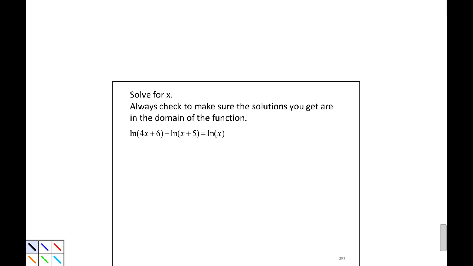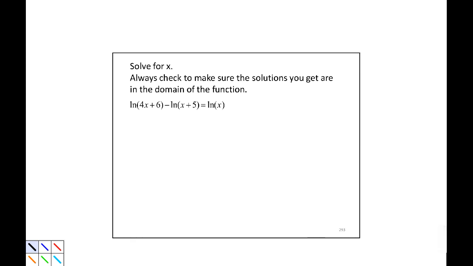Our next example, solve for x. Always check to make sure the solutions you get are in the domain of the function. This one is natural logarithms, which have the same domain. So natural log of the quantity 4x plus 6, minus natural log of the quantity x plus 5, equals natural log of x.